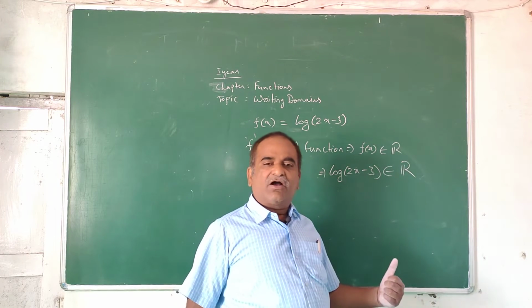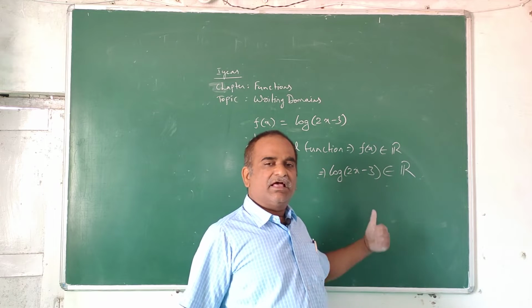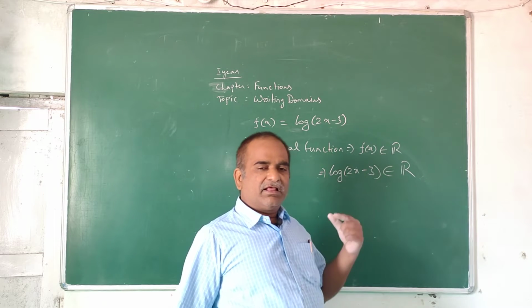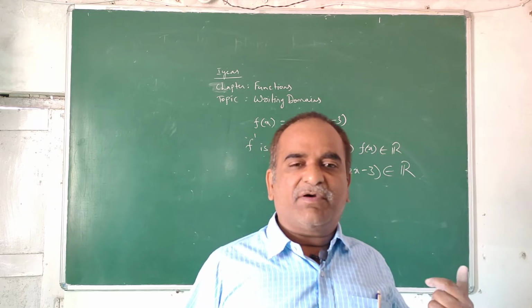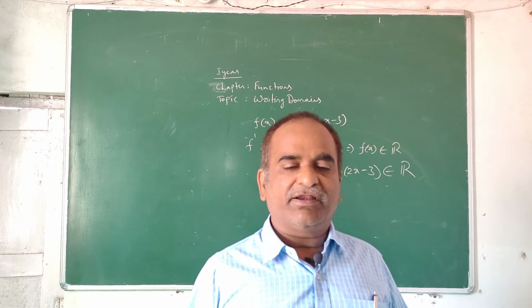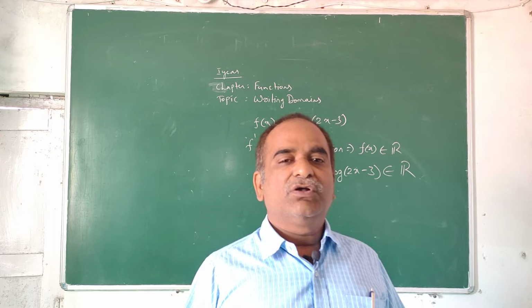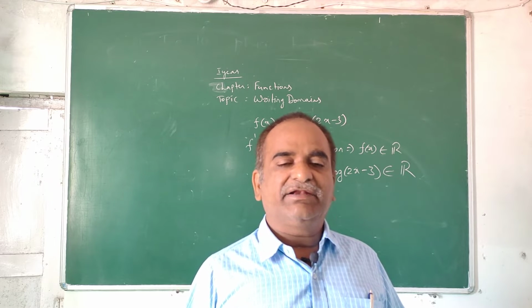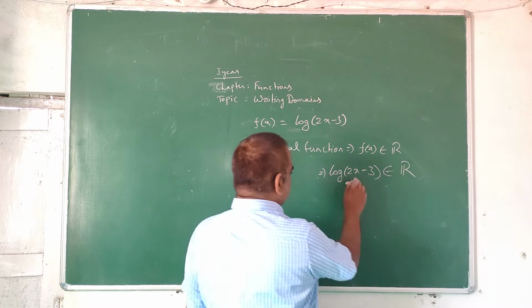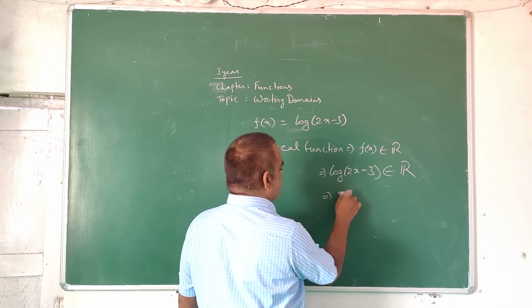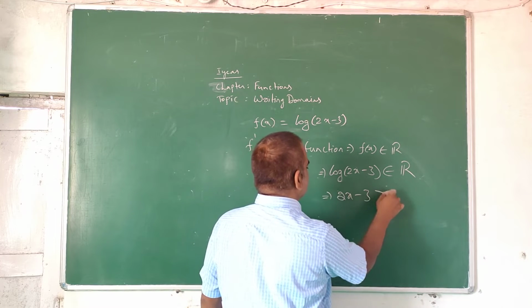See, the logarithm of 0 is not defined, and the logarithm of a negative real number is also not defined. Log 0 and log of any negative real number are undefined quantities. So this 2x minus 3 should now be strictly greater than 0.